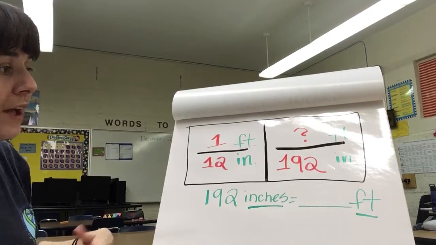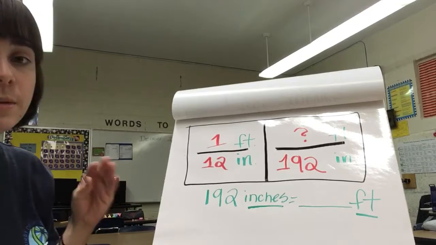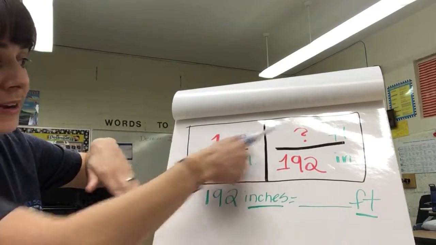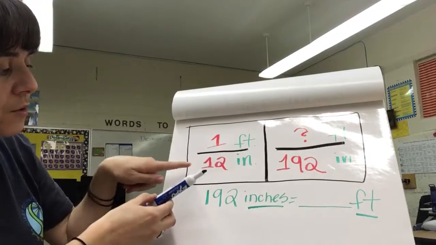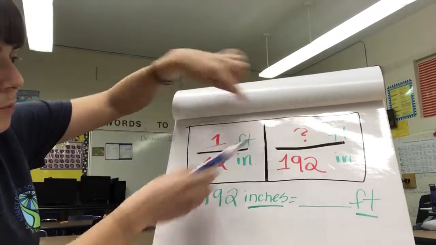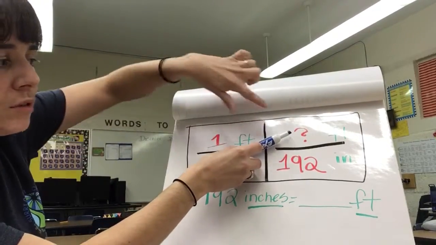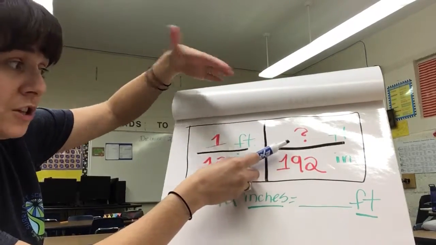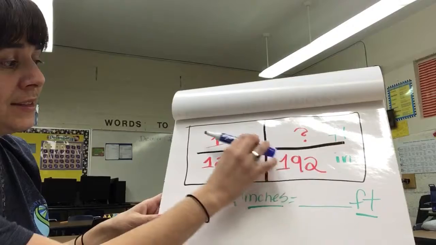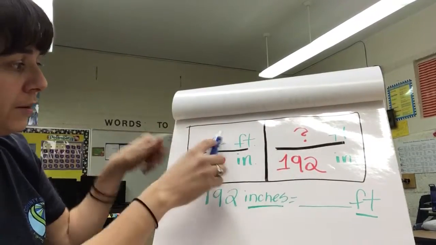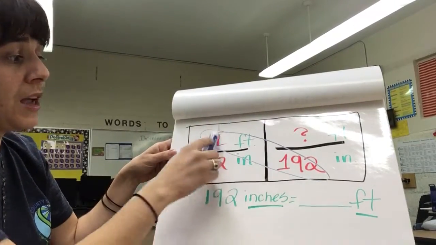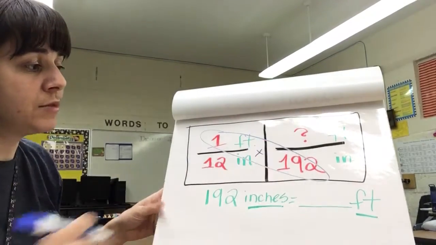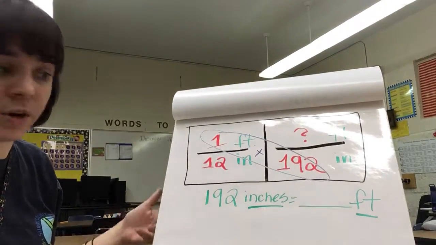So the way I would do that is I'm going to cross multiply where I can, which means I'm multiplying diagonally, okay? So the bottom and the top would be a diagonal, but I can't multiply 12 times question mark. That's not going to give me any extra information. I can go with this diagonal, top and bottom, and I can multiply those two numbers, okay? 1 times 192, of course, is 192.